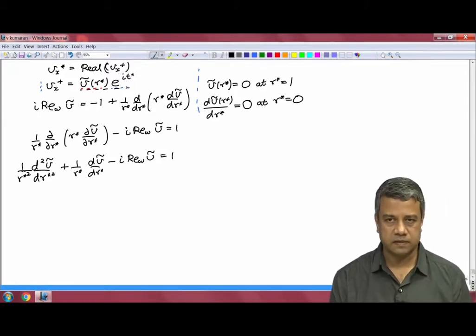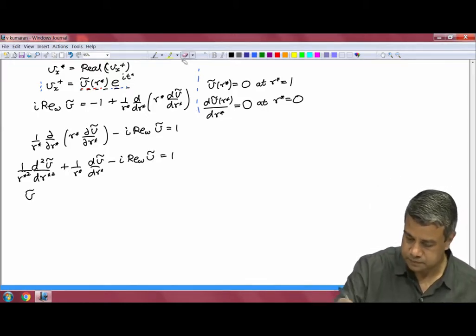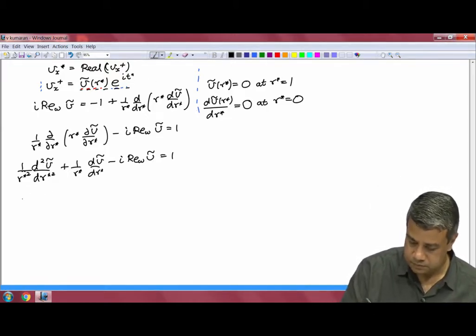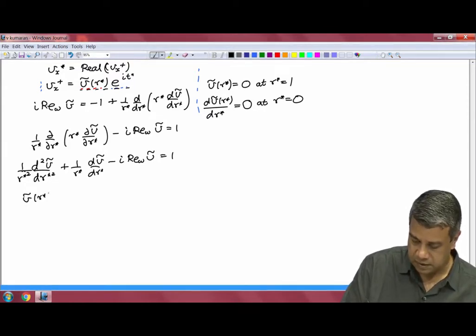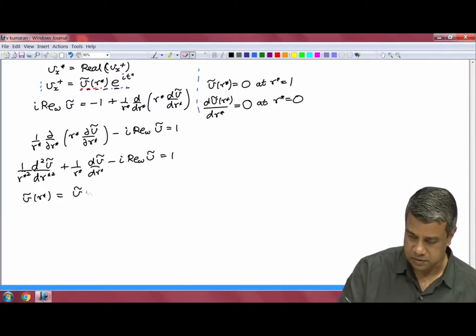And this is an inhomogeneous equation. So, there are two parts of the solution. V tilde of r consists of a general solution or a homogeneous solution, plus a particular solution.